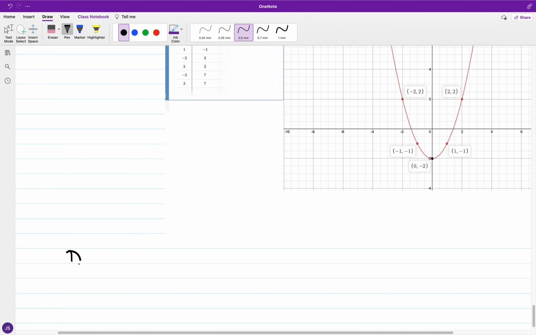And let's say you were to determine whether the function is odd, even, or neither.